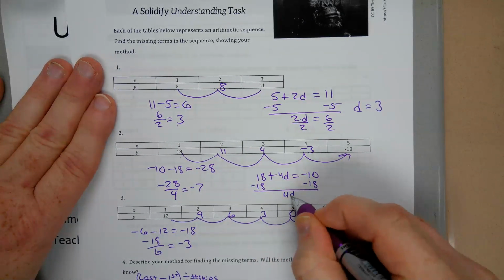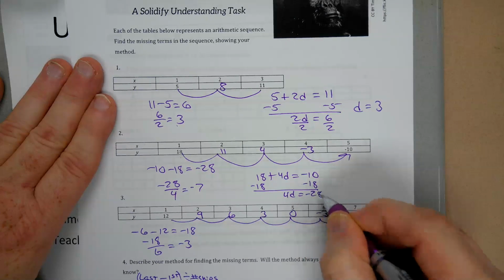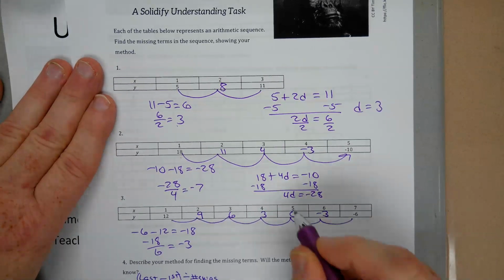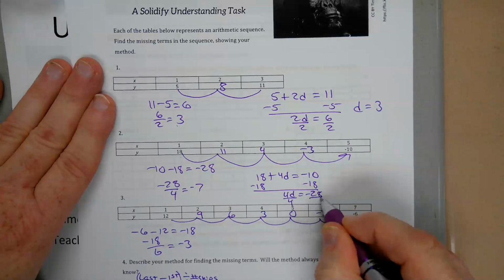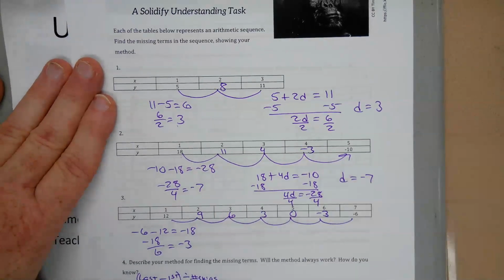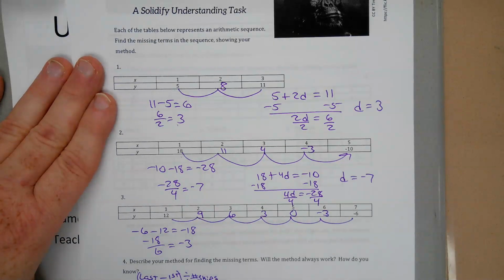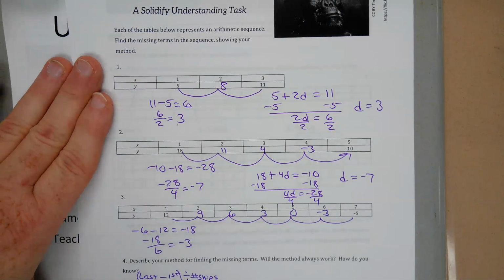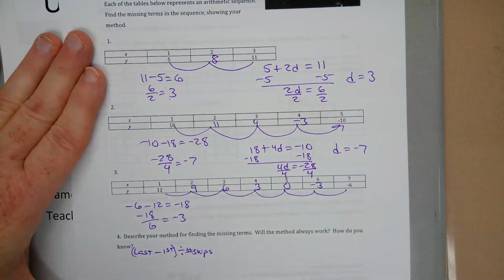We get 4d equals negative 28. And if we divide by 4 on both sides, we get d equals negative 7. We get the exact same thing.